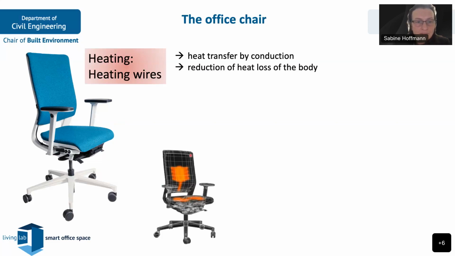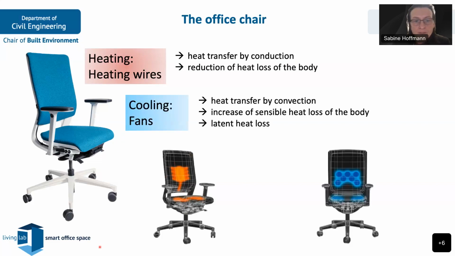So how does it work? The heating function is through heating wires, and this IR rendering shows you how they are placed here in the seat of the chair and in the back of the chair. And of course, they work by reducing the heat loss from the body to the environment by providing a temperature very close to your body temperature. The cooling is not an active cooling.